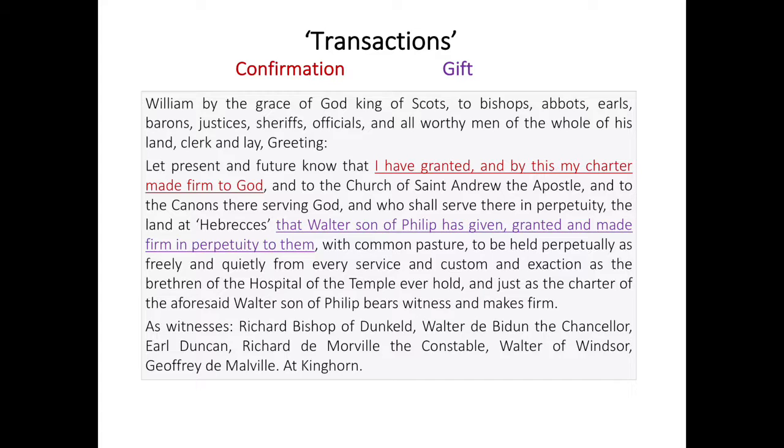Transactions have also been extracted. This is any kind of action or interaction that is mentioned within the documents. For example, a gift of land, a confirmation of a gift, a quitclaim of land or rights, an agreement, an inspection or a renewal of a gift.